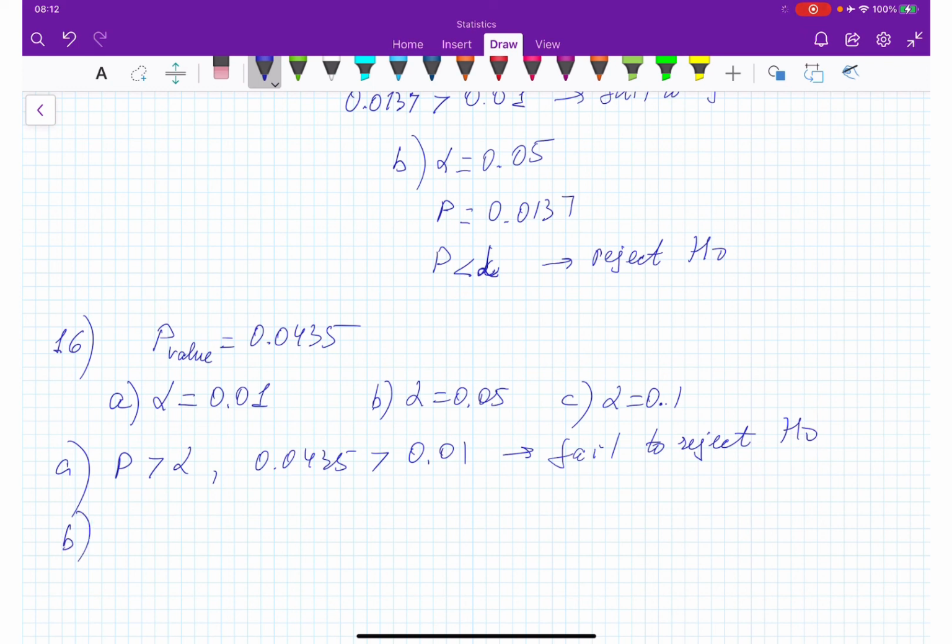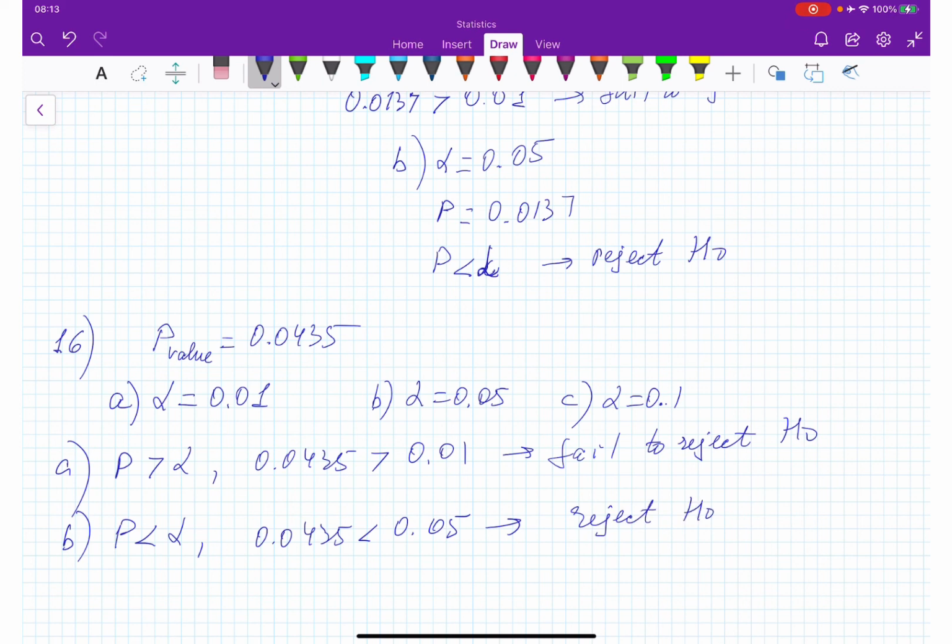Case B: the p-value is less than alpha, because 0.0435 is less than 0.05. So for case B, we reject the null hypothesis, because the p-value is less than alpha.